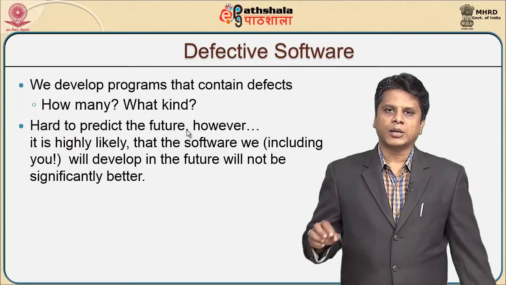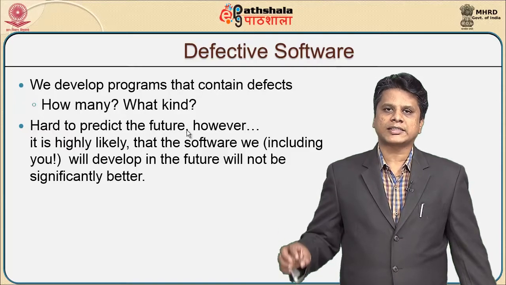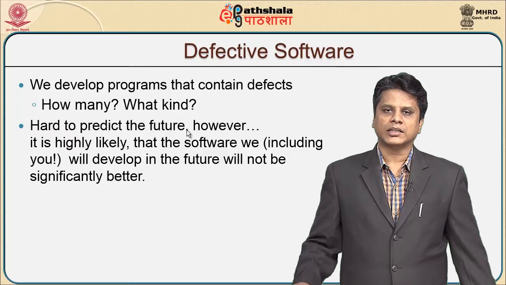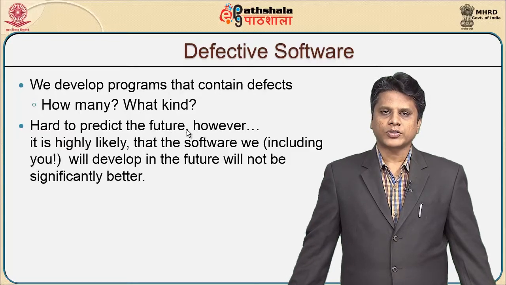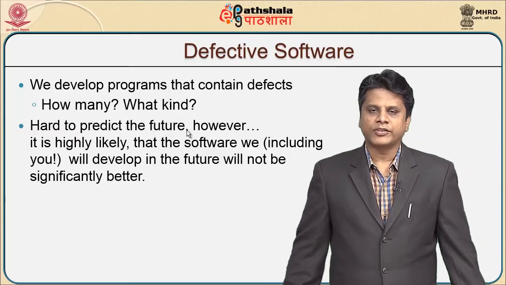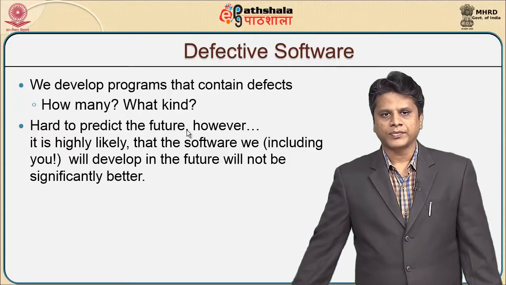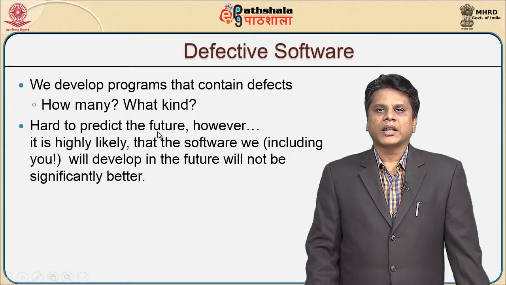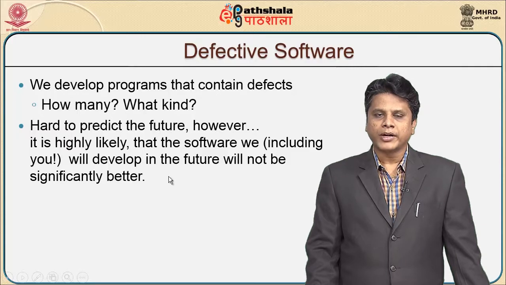Having assigned a person with the role of software test engineer or software tester, the responsibility of a software tester is to identify how many bugs are really with the software, how defective the software is, or what kind of defects are associated with the software. But it has really been hard to predict the future.